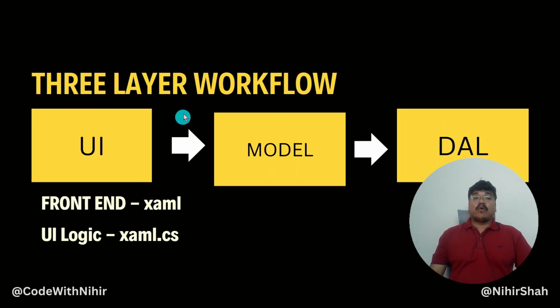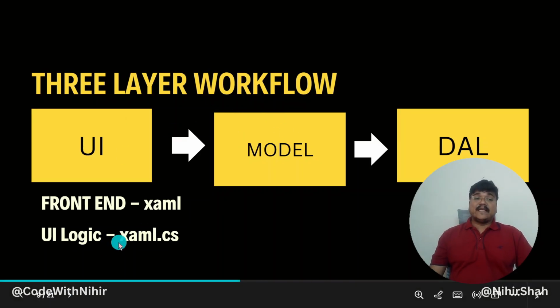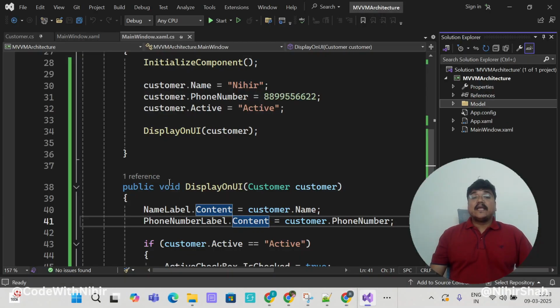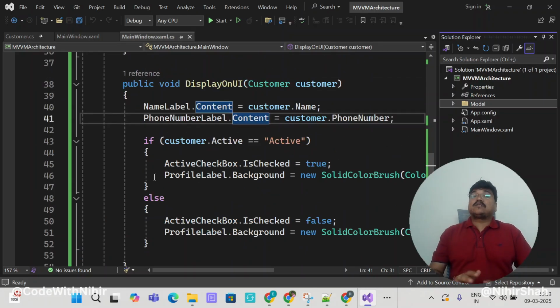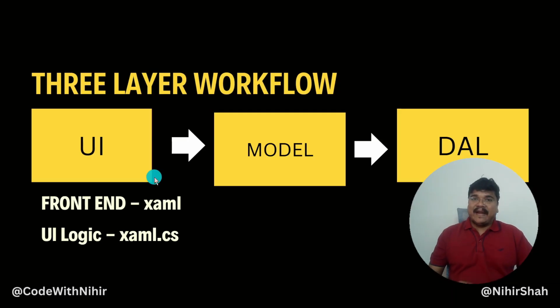For now, we are focused on the issues between the UI and model layer. There is a XAML.cs file, and this CS file has all this cryptic code. Now we want to remove this code and move it somewhere else. For that, we will implement the MVVM pattern.